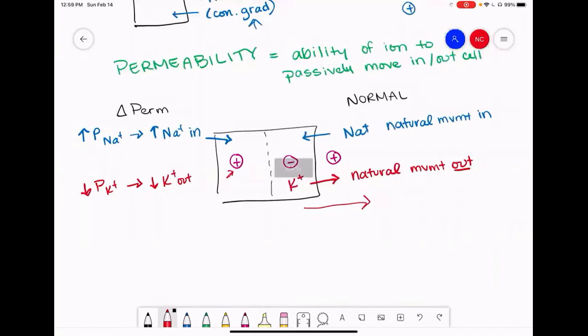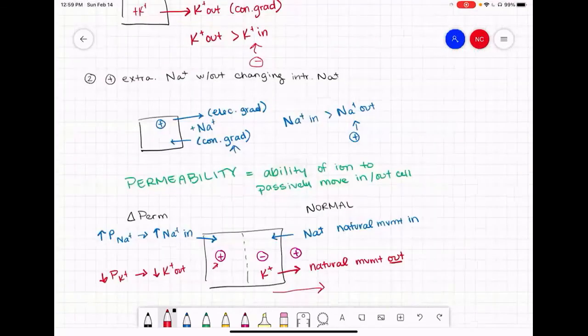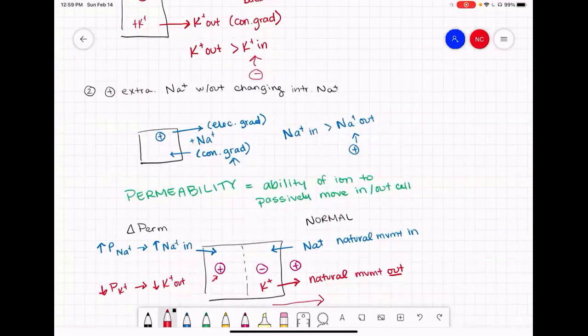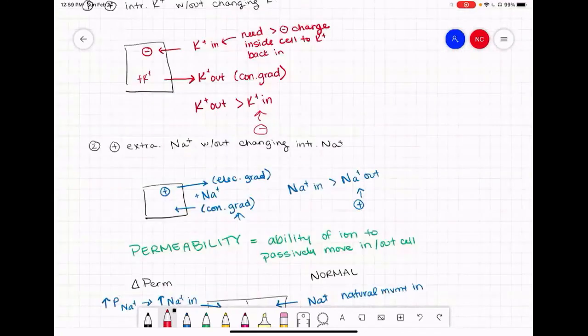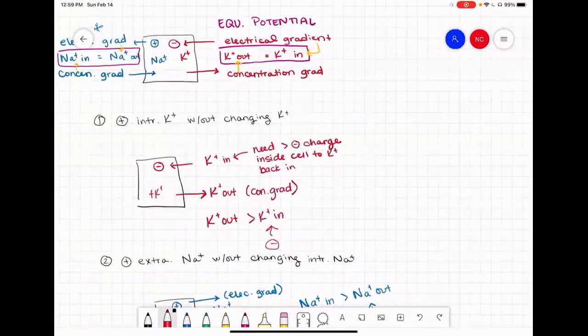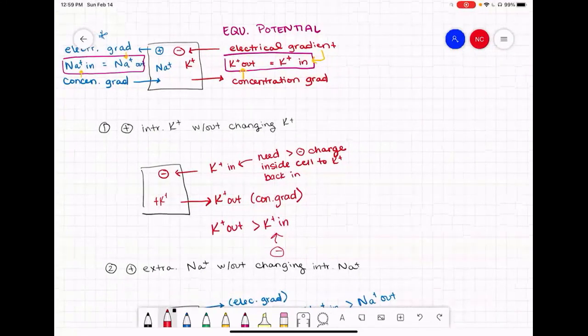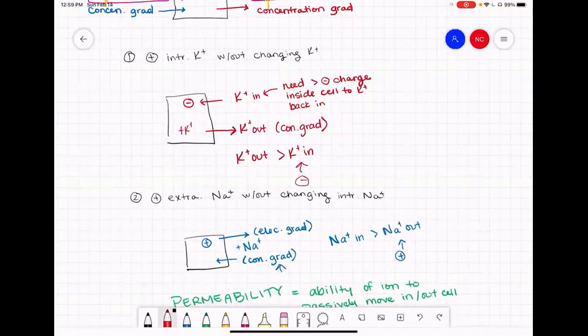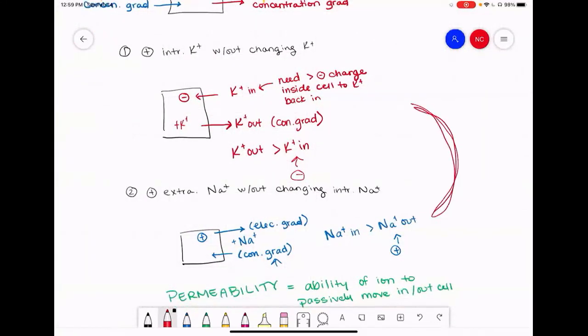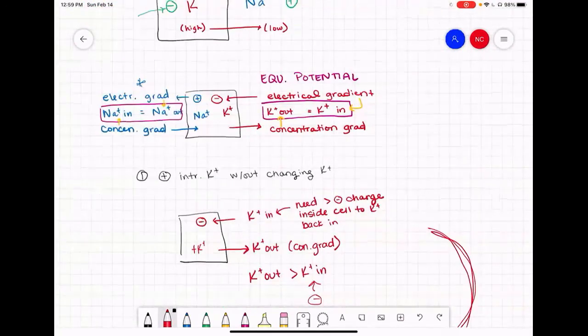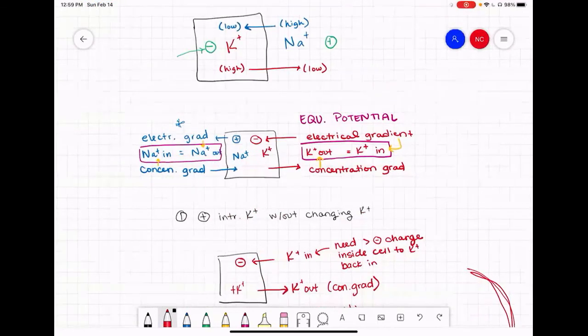And passive movement, think our concentration gradients, is going to affect our electrical gradients, right? Which we talked about in these two things here. So the more we change our concentration gradients, the more effective our electrical gradients are to try to balance out that equilibrium potential.